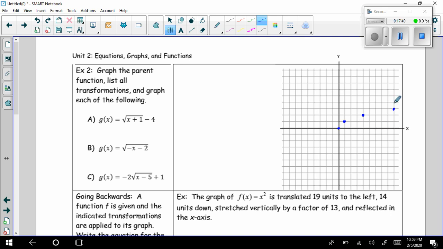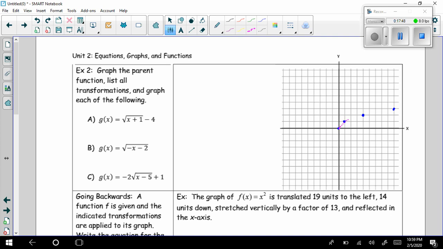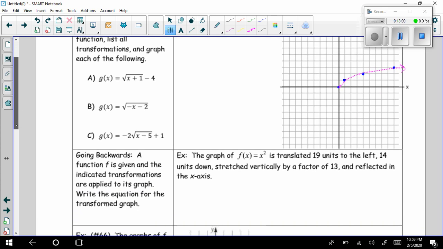You don't really need that last point there, but it gives you one more to graph if you want it. And so this function looks like this. And go ahead and list the transformations and plot your points by transformation for that problem.